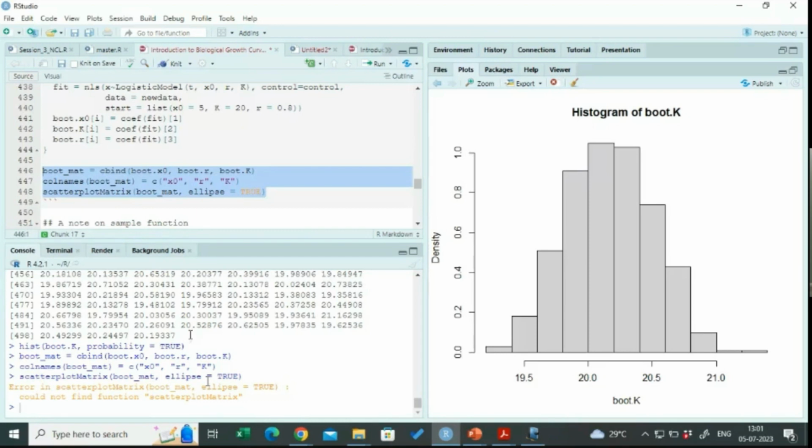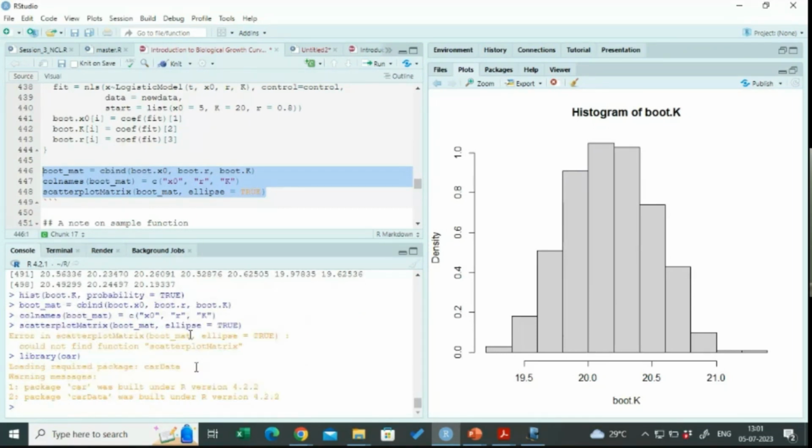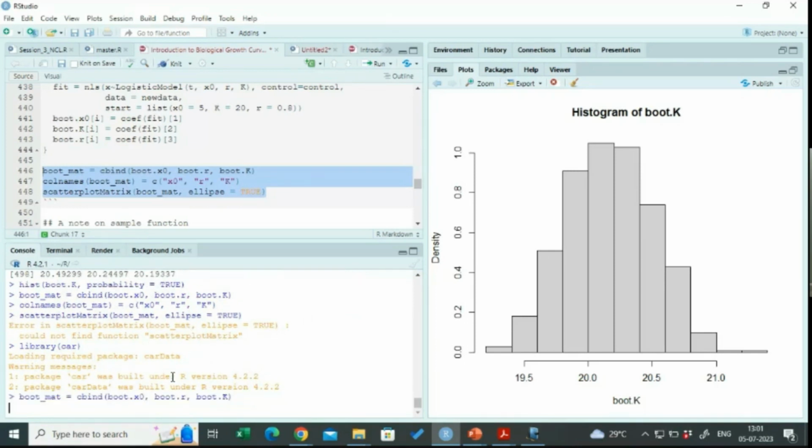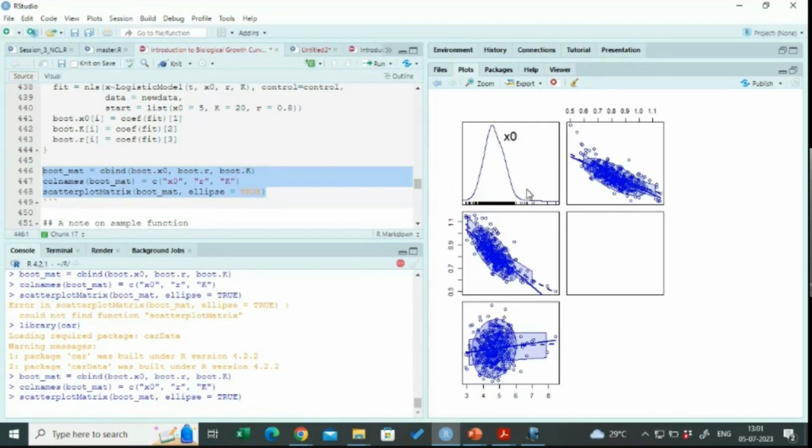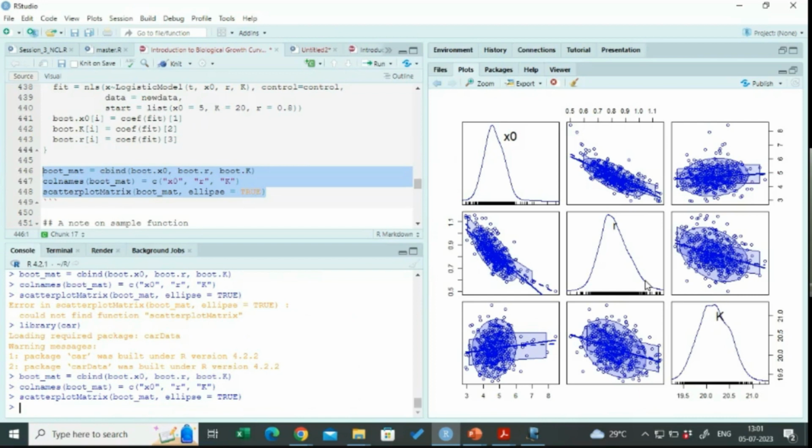Okay, so I need library car. You see that this is a wonderful plot, the scatter plot matrix. This says that between x0 and r, there seems to be a good correlation. However, r and k don't seem to be that correlated, right?